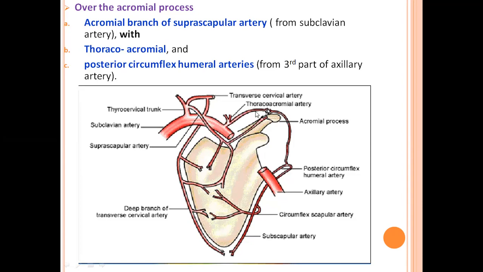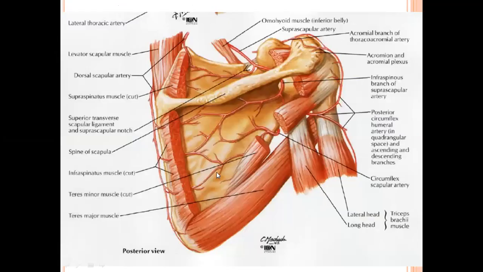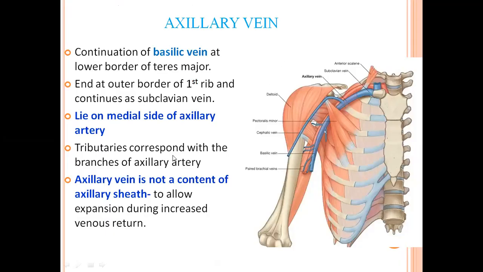Then we have the posterior circumflex humeral artery. So that means two axillary artery branches and one subclavian artery branch. These three form a network at the acromion process. This is the anastomosis around the scapula, and this is the anastomosis around the acromion process.